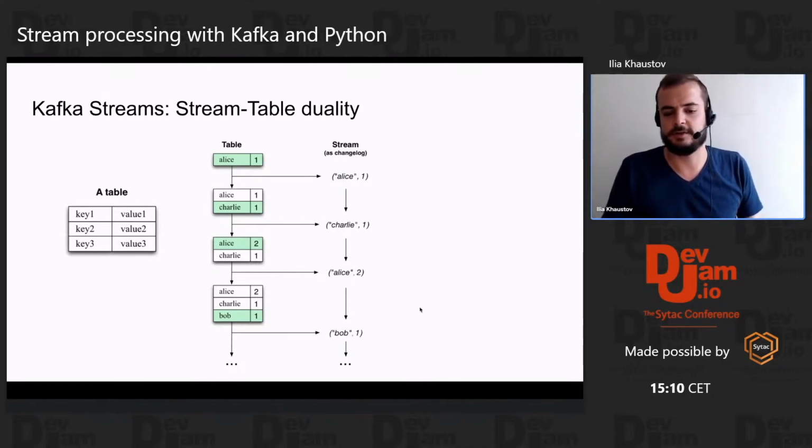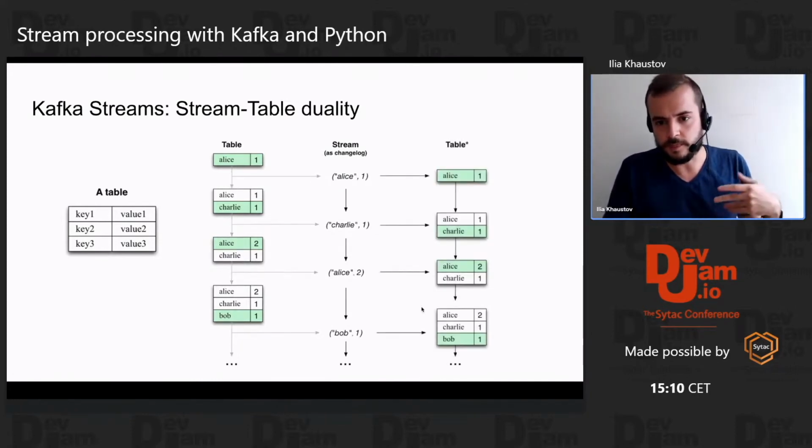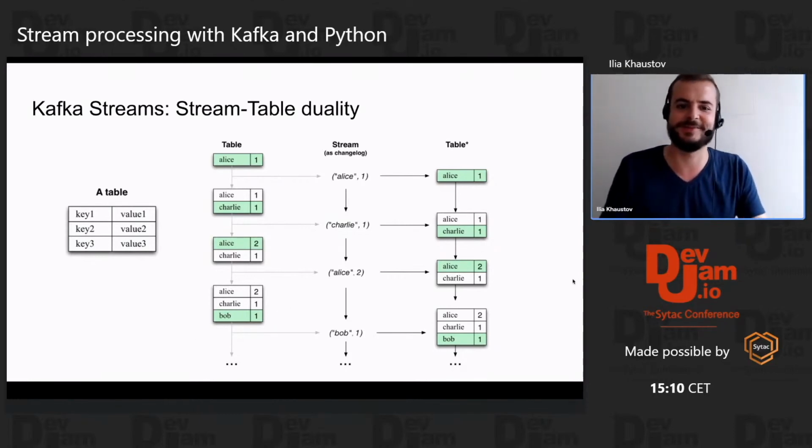And this stream can be applied and created back into a table. It's like in physics, where you have a wave and a particle that turn into each other. In Kafka, you have a stream and a table that can be turned back and forth.